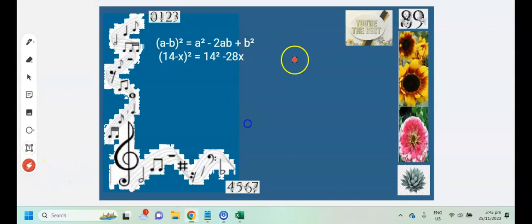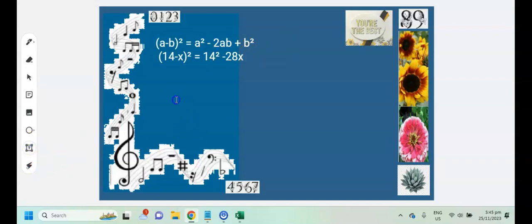Now, for the third term, b squared. So, mutan-aw ta sa b, which is the second term. So, ang second term na to is negative x. Naa na may square ni. So, i-square ang second term. So, ang atong second term is negative x squared.